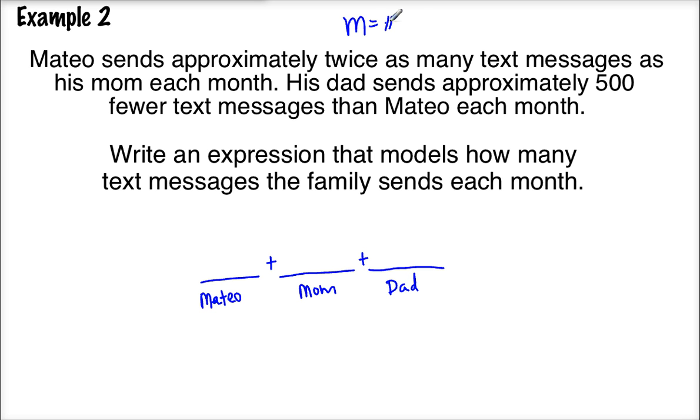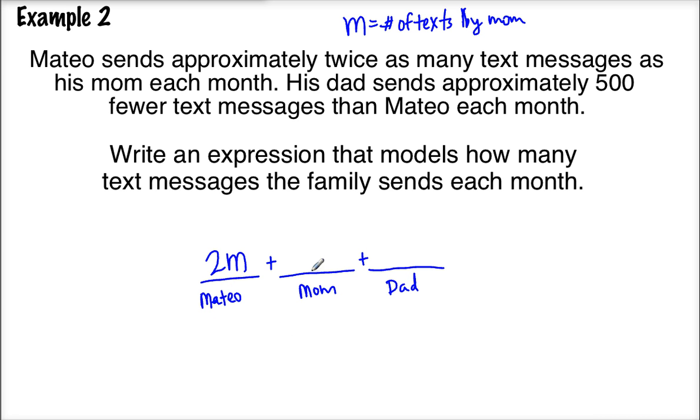M represents the number of texts by mom. So Mateo sends approximately twice as many text messages as his mom. So that would be 2 times as many as mom. 2M represents how many texts Mateo sends.